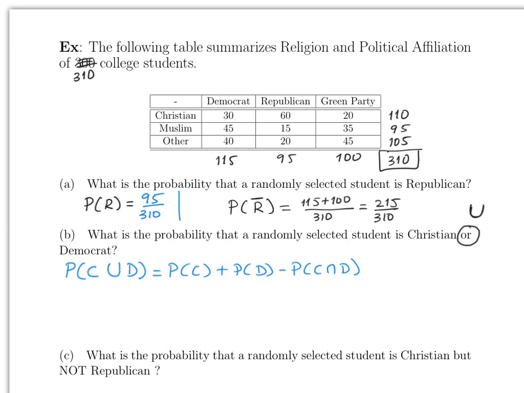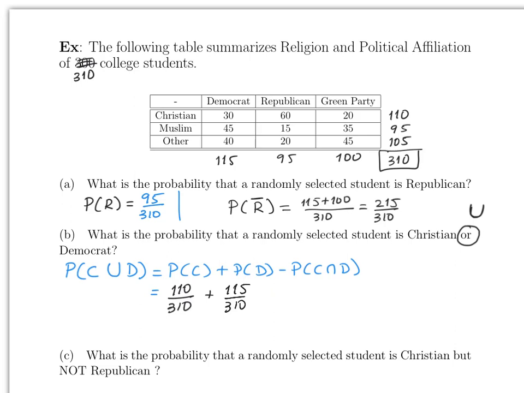Then just get information from the table. How many Christians do you have? Well, it's 110 right here. Christian is 110. How many people are Democrats? Democrats are 115 divided by 310.